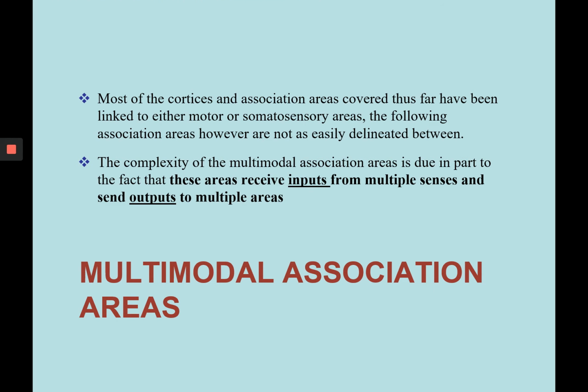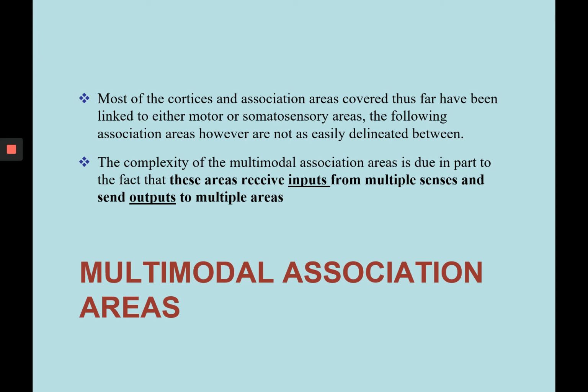Next, we're going to talk about multimodal association areas. And this is where things start to get a little complex. We still don't know exactly how multimodal association areas work, so that's kind of the best we could put together. So most of the cortices and association areas that we've covered thus far have really been linked to motor or somatosensory areas. We've been able to say this is a motor area or this is a sensory area.